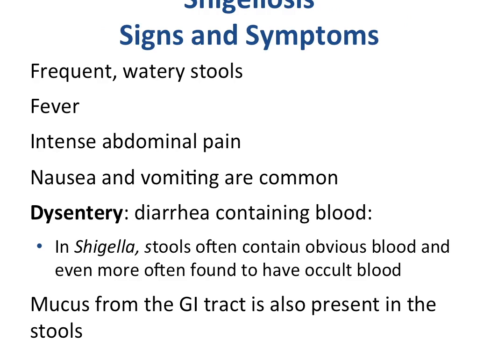Shigella can cause frequent watery stool, fever, abdominal pain, nausea, and vomiting. Also, the most important characteristic of Shigella is dysentery. Dysentery means bloody diarrhea.